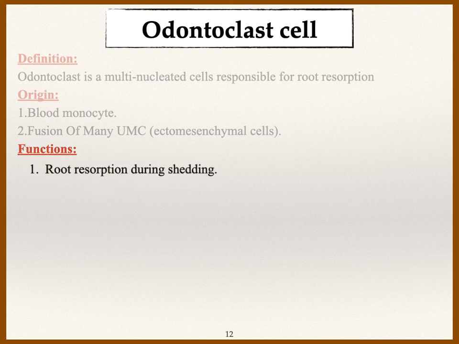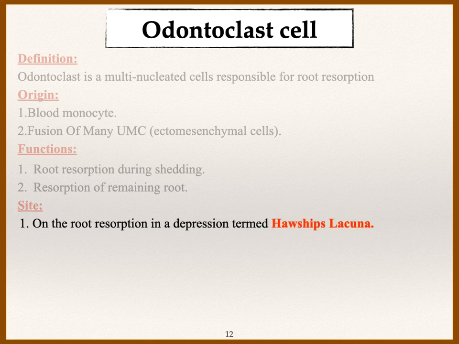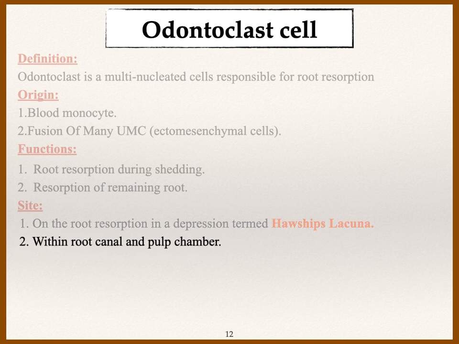Odontoclasts make root resorption during shedding and resorption of the remaining root. What is the site of the odontoclast cell? The odontoclast cells are found on the root resorption in a depression termed Howship's lacuna. And they are also present within the root canal and the pulp chamber to resorb the dentine.